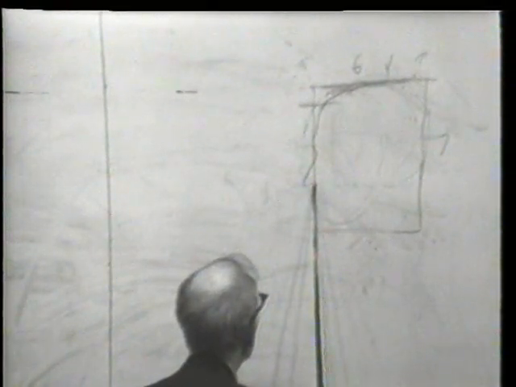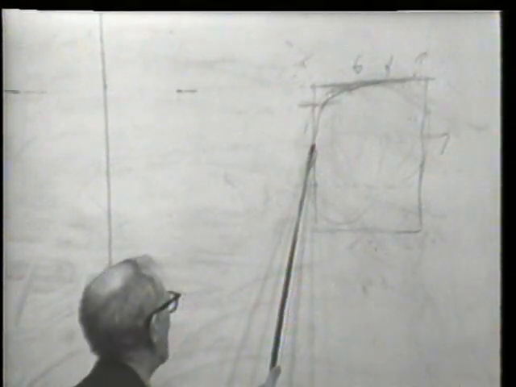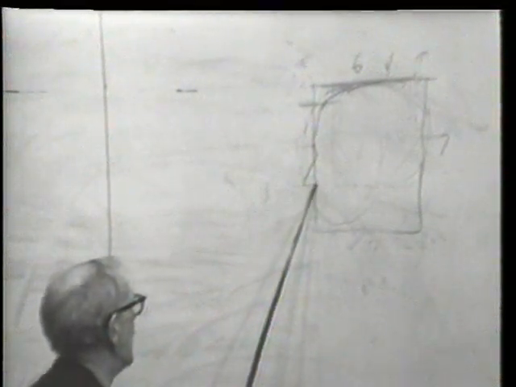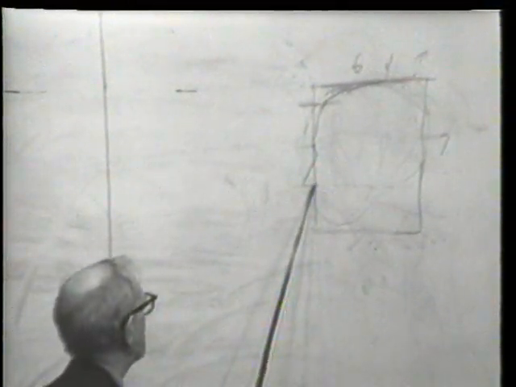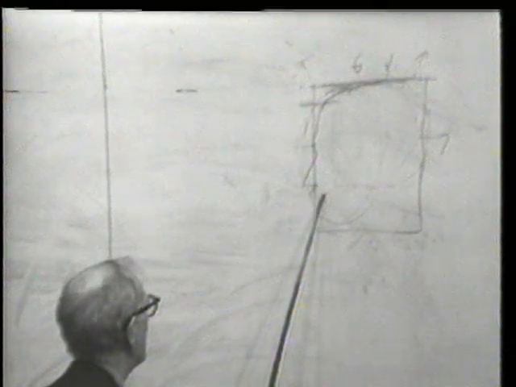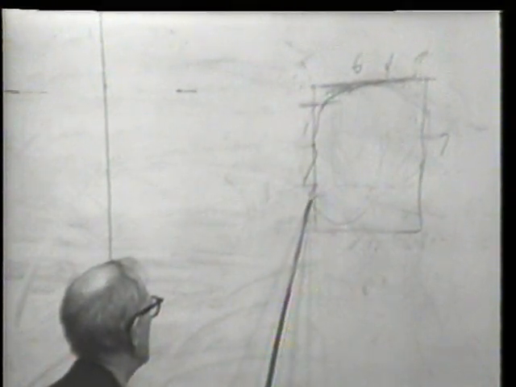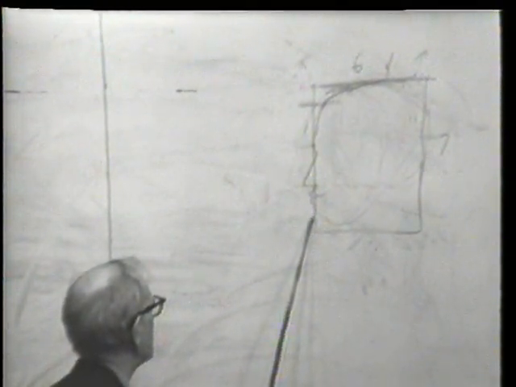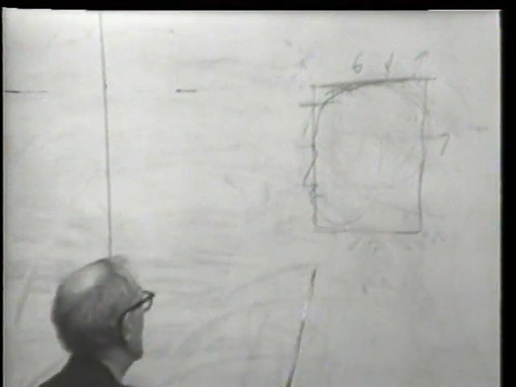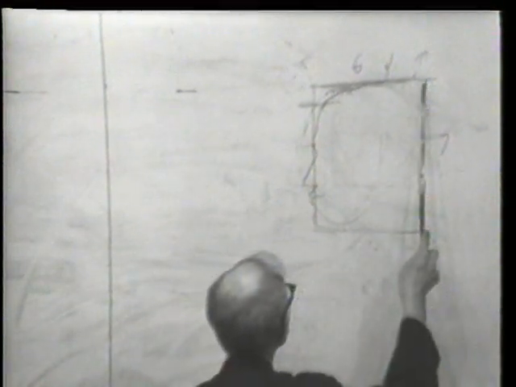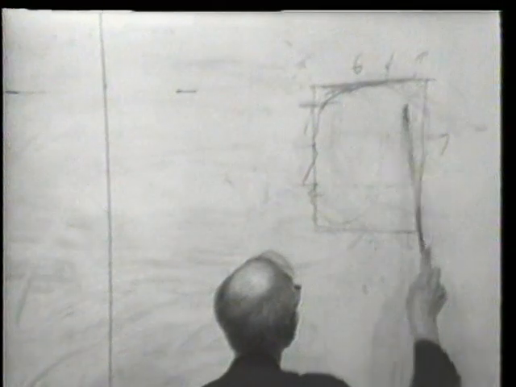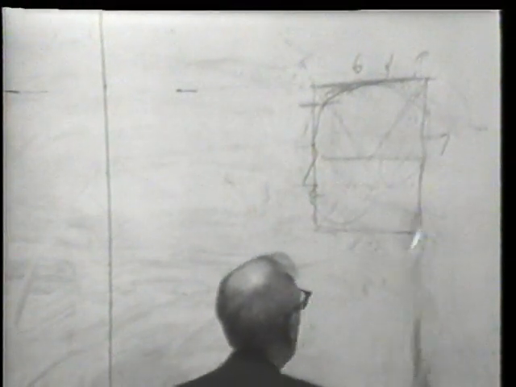Now, this center line goes through the top of the glabella and the root of the nose. The lips may come out a good deal or not so much, you never know. And the chin may come through or just touch the box. One thing that beginners never get is the almost universal truth that the eyes are in the center of the head.